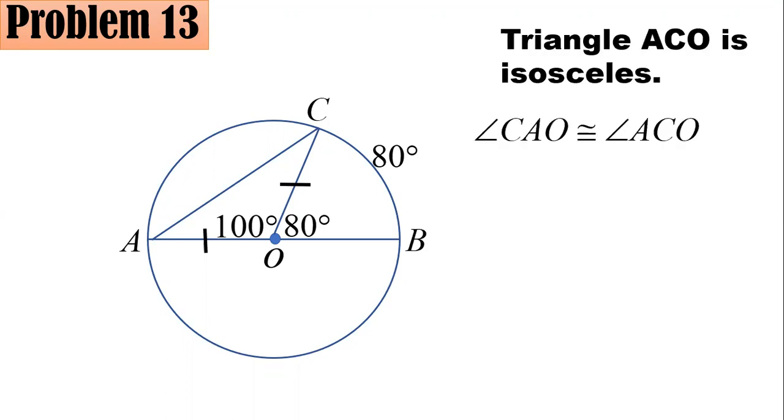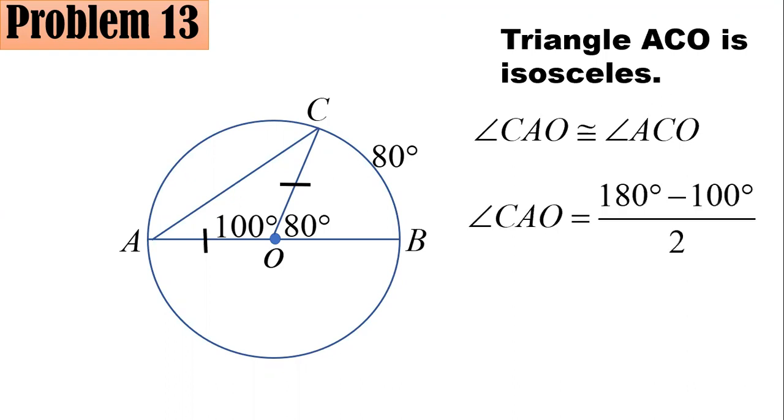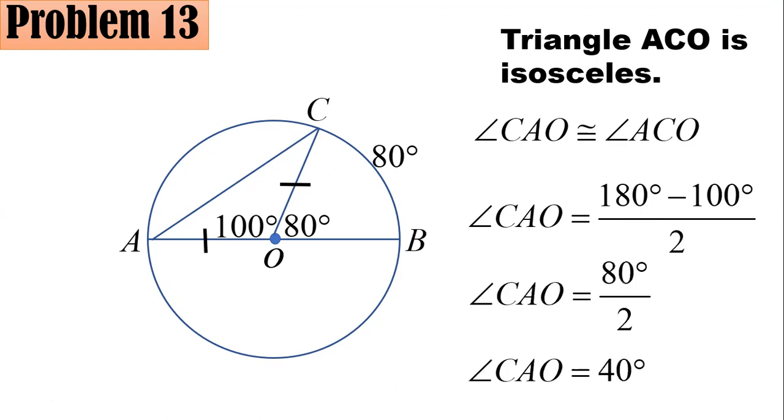Hence, we could say that angle CAO is congruent to angle ACO. Hence, that's 180 degrees minus 100, because they are equal, and divide by 2 because these two are equal. Hence, that's 80 over 2, which is 40 degrees. That is why Mr. Lim and the others earlier who invoked that this measure, this is just half of this, is actually correct.